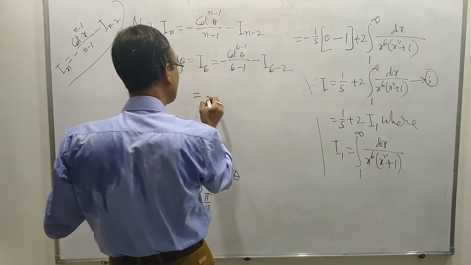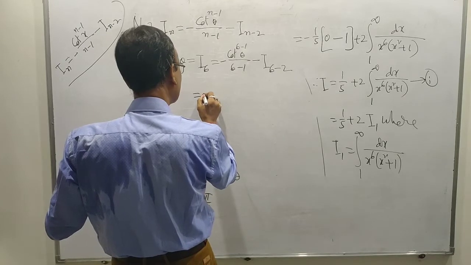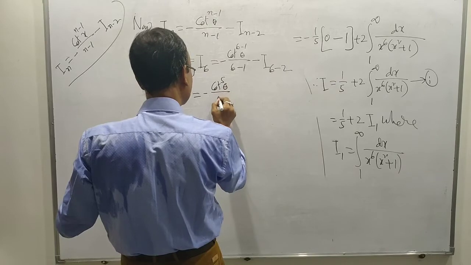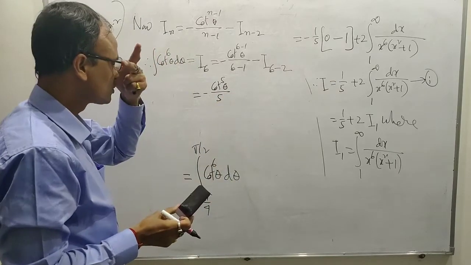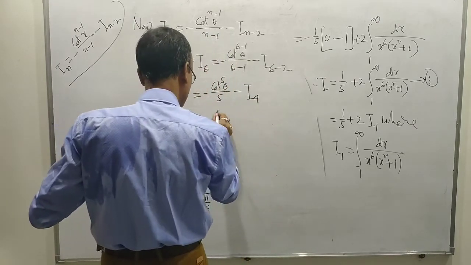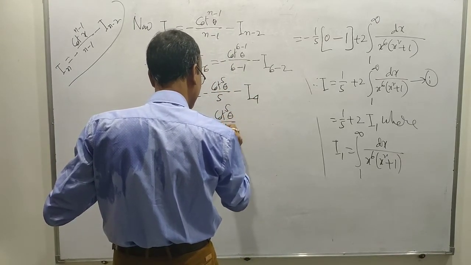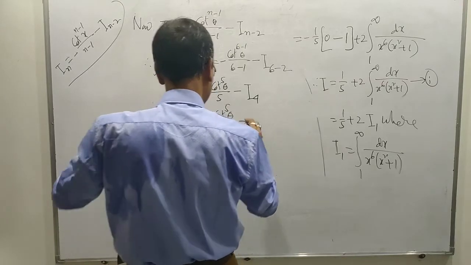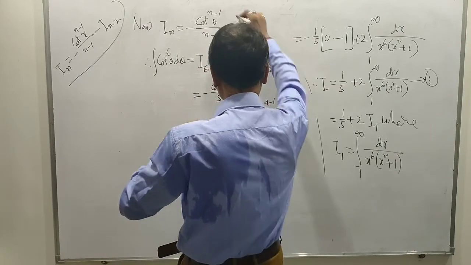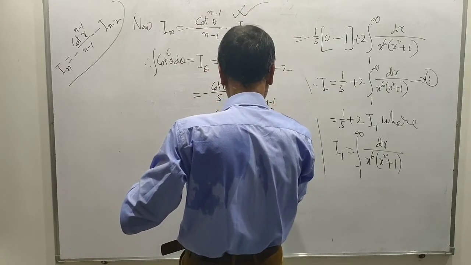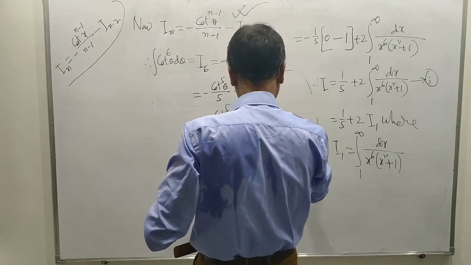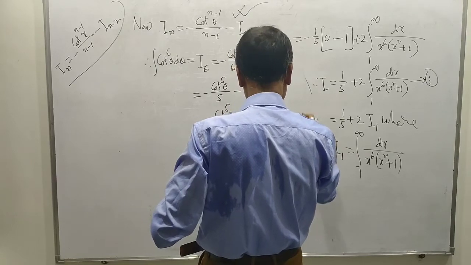This is equal to minus cot to the power 5 theta divided by 5 minus I4. For I4 again apply this: minus cot to the power 4 minus 1 theta divided by 4 minus 1, minus I 4 minus 2.